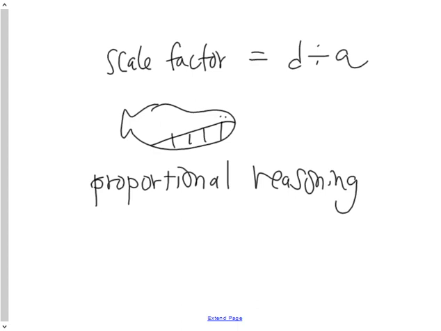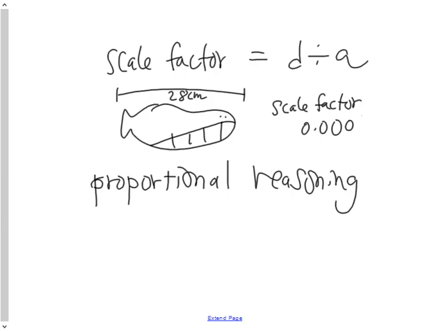There's a blue whale. And the drawing of the blue whale I had was, let's make him, this looks to be about 28 centimeters long. So if the drawing of the blue whale was 28 centimeters long, and the scale factor used to draw him was 0.0001.